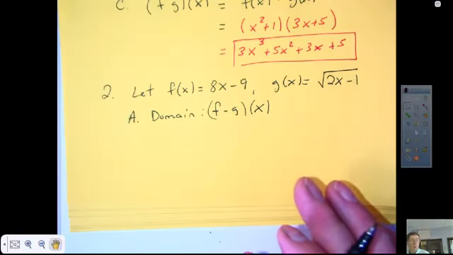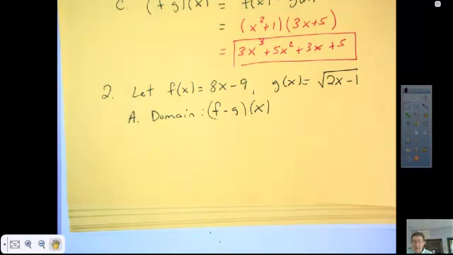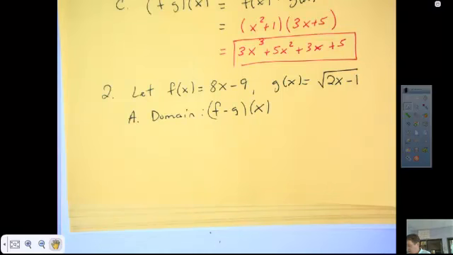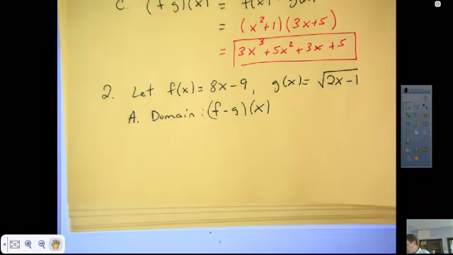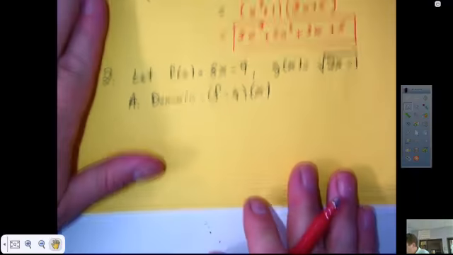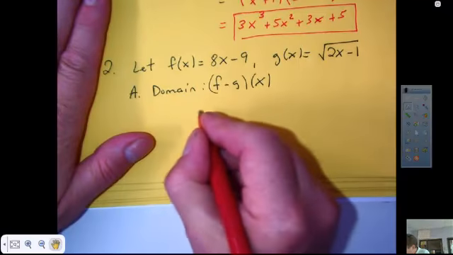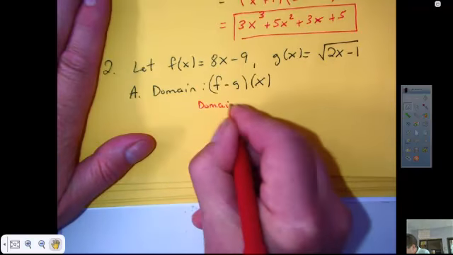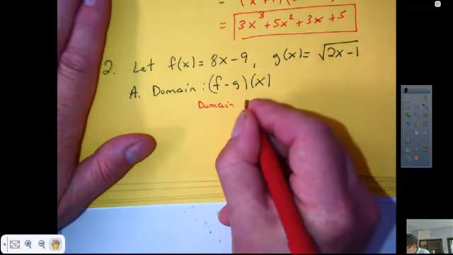So remember, what we said to do on this was find out the intersection of the domains. Find out where the domains intersect, and that's your domain of that operation. So let's find the domains of each one and graph those out. What's the domain of function f?